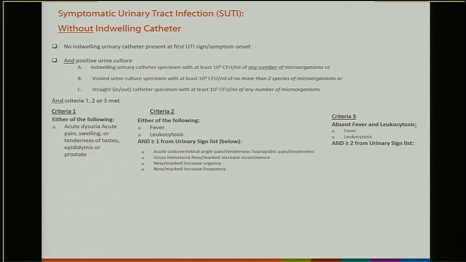That needs to be present in a person who meets a surveillance definition for UTI. Then there are also other criteria that focus on localizing urinary signs and symptoms or systemic signs and symptoms, which if present in the correct combination, you would meet the urinary tract infection definition without having an indwelling urinary catheter.